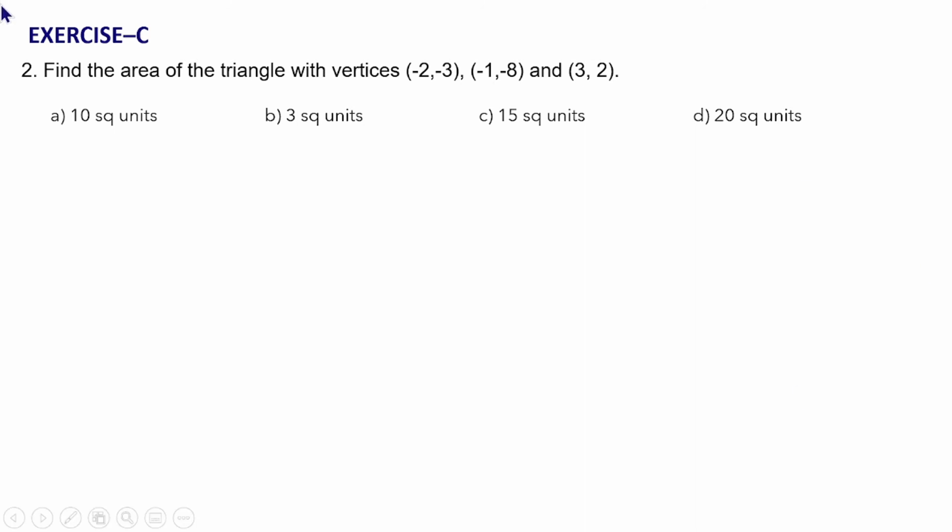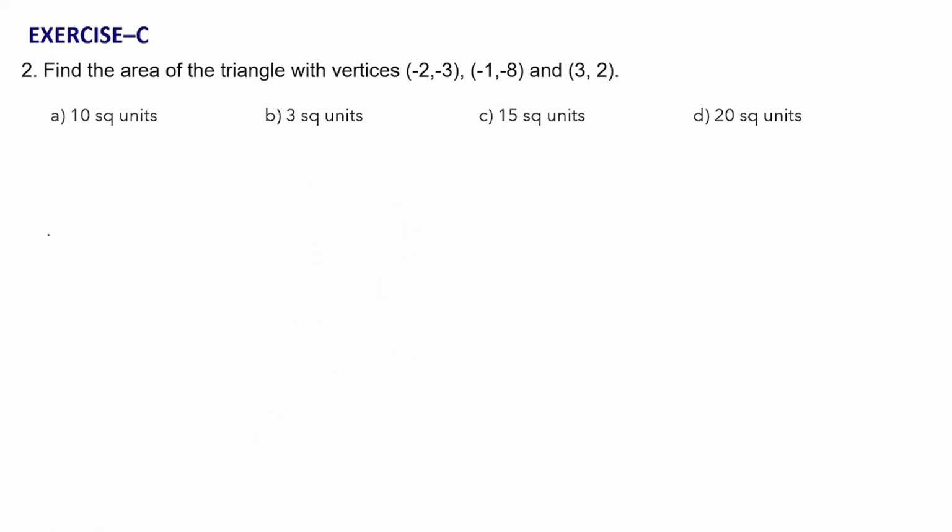Next question, find the area of the triangle with vertices minus 2, minus 3, minus 1, minus 8 and 3, 2. So the area of the triangle is calculated as half of the determinant with rows x1, x2, x3, then y1, y2, y3, then 1, 1, 1.